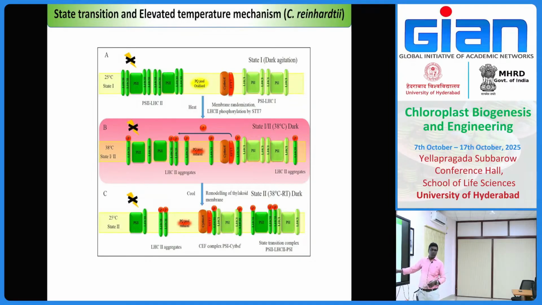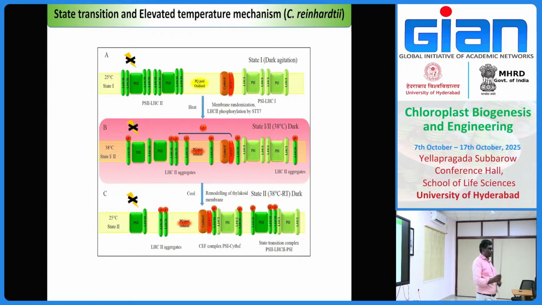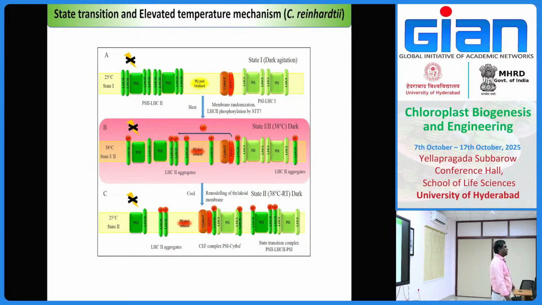You can see that in an algal system it is also happening. Further, next Monday I'm going to discuss the other topic, chloroplast adaptation or chloroplast development in light conditions. There is one more topic that I will discuss. If you have any queries or clarification, I'll be happy to clarify your doubts.